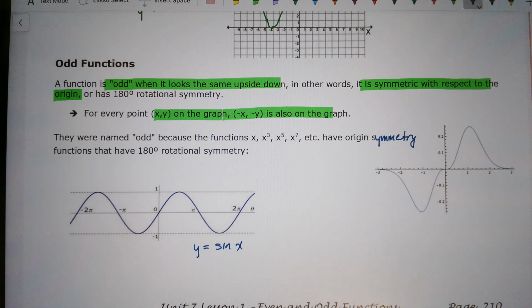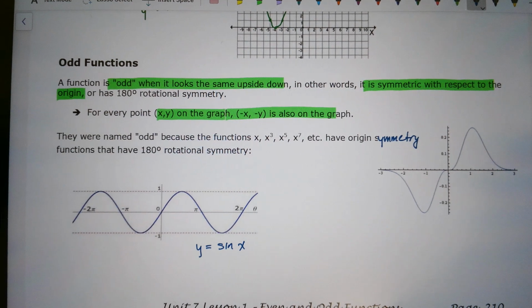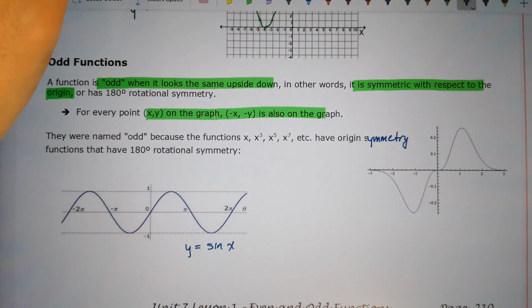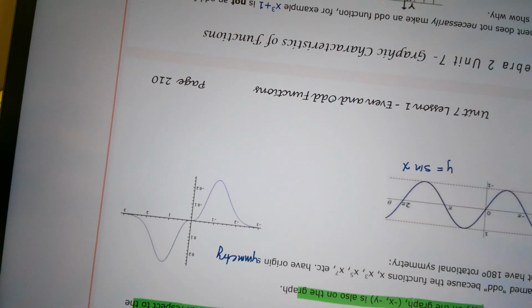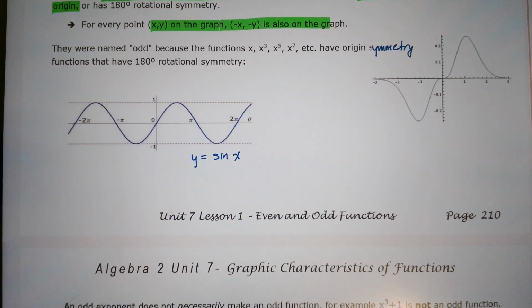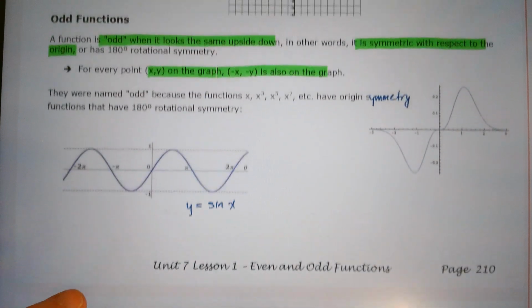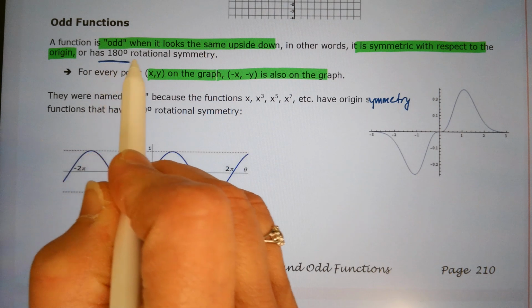And if I turn it 180 degrees, let's see if I can do that, the image is the same as what we started with. So an odd function has symmetry with the origin, which is the same as 180 rotational symmetry.